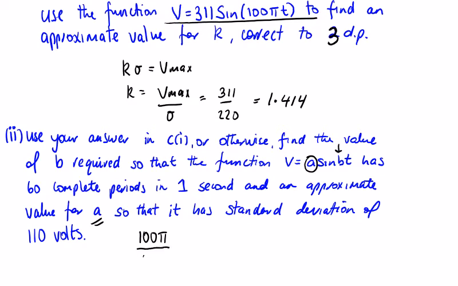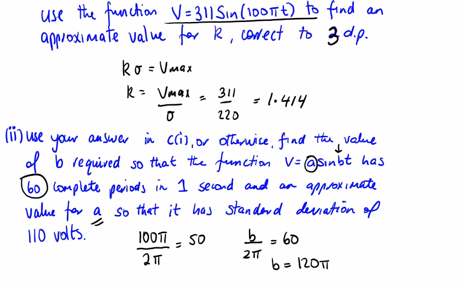We initially had 100 pi over 2 pi gave me 50. So we don't know what b is in this case. So b over 2 pi is going to give me 60 full revolutions. So b over 2 pi has to be 60. So b is 120 pi.